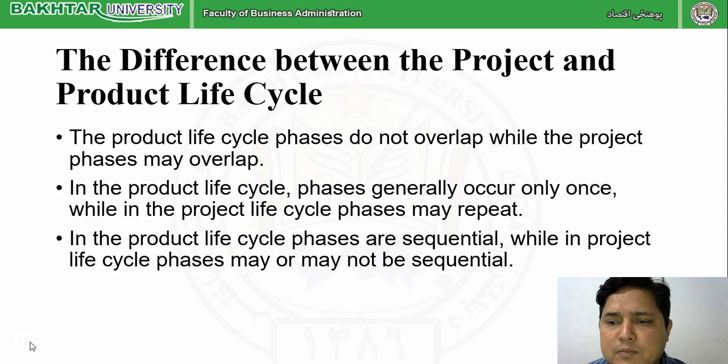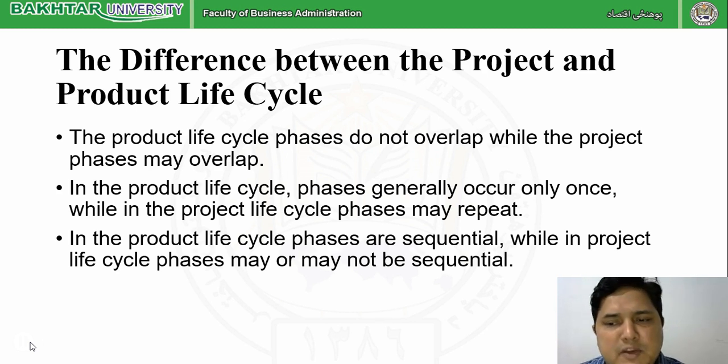Overlap is there. Sometimes when we realize there are some changes in the planning, we go back and make some changes in the planning. So that is the meaning of: product life cycle phases do not overlap, while project phases may overlap.